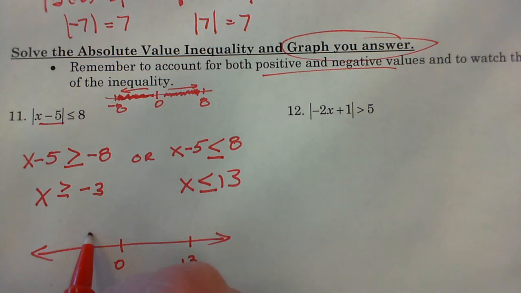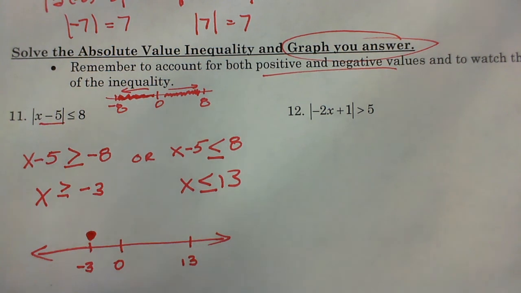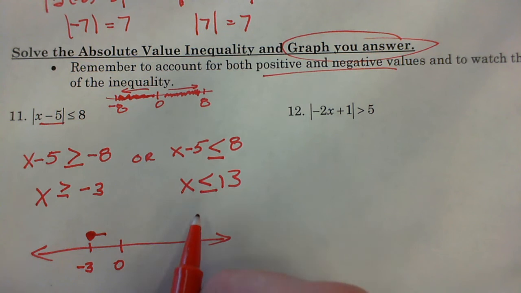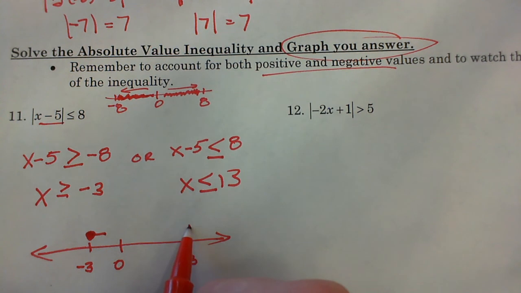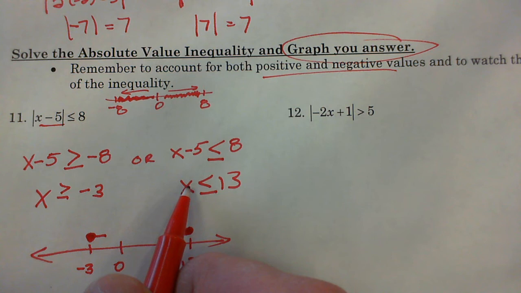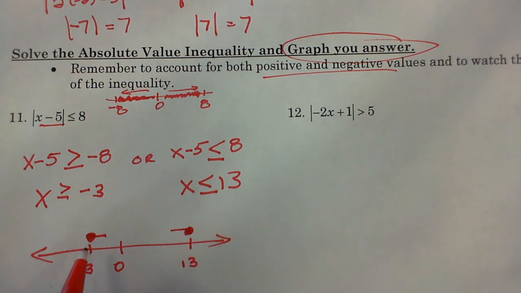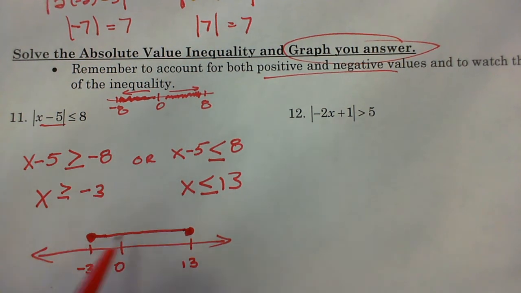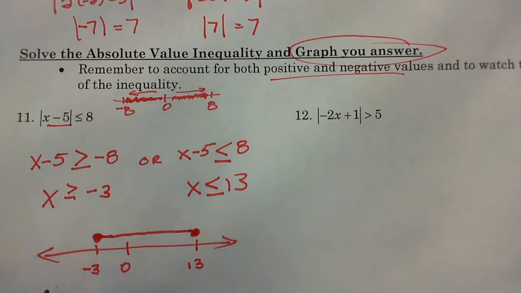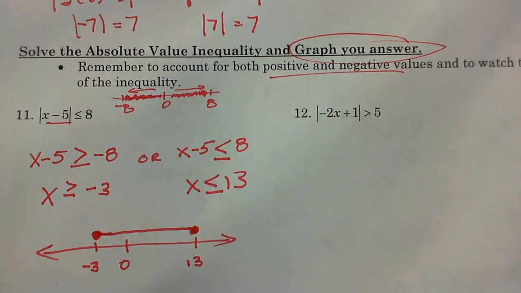So here we're going to have a solid dot at -3, and we need to be getting bigger, so we're heading this direction. Over here we're at 13, and it can equal 13, so that's a solid dot, but we're supposed to be smaller, so we're here. So we're in between these two values, -3 and 13. So any number in here will satisfy that inequality.